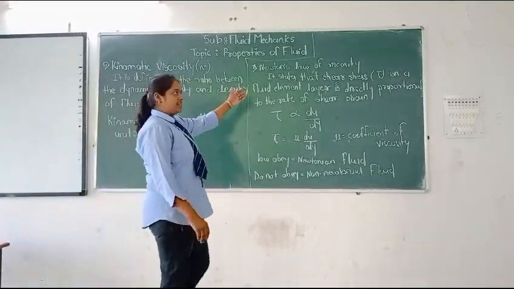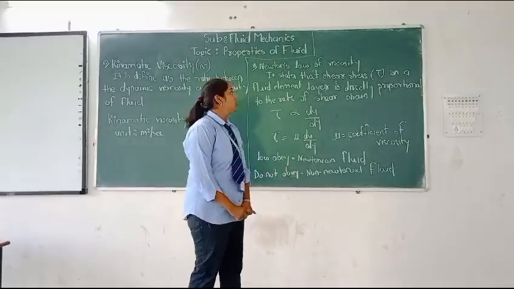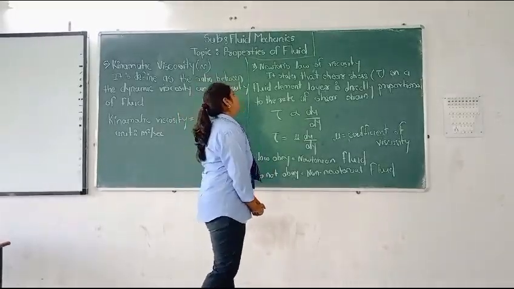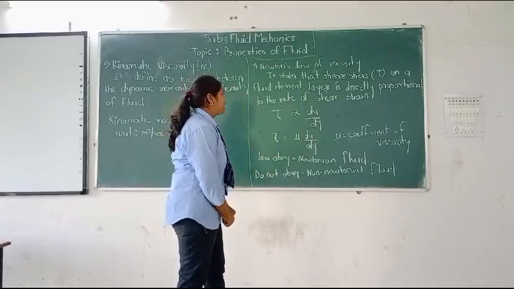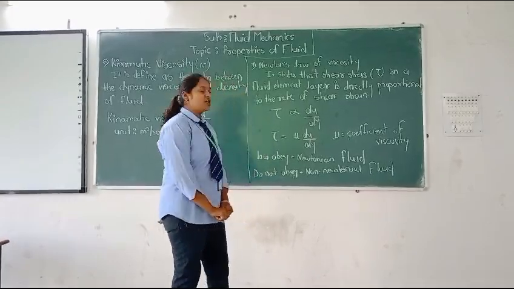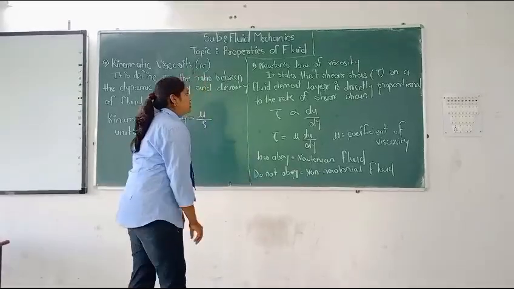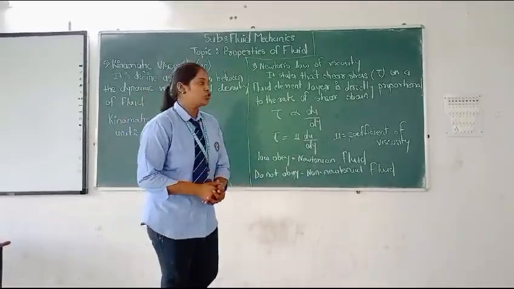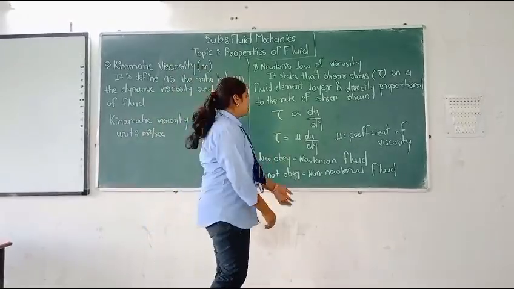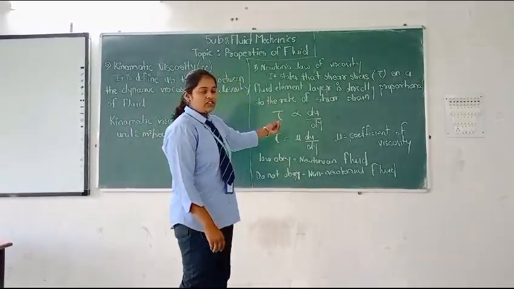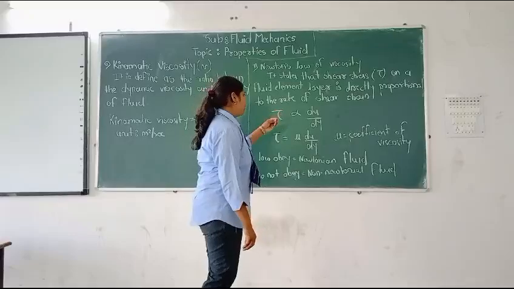So the last and seventh property of the fluid is Newton's law of viscosity. The law states that the shear stress on a fluid element layer is directly proportional to the rate of shear strain. Shear stress tau is directly proportional to du by dy.